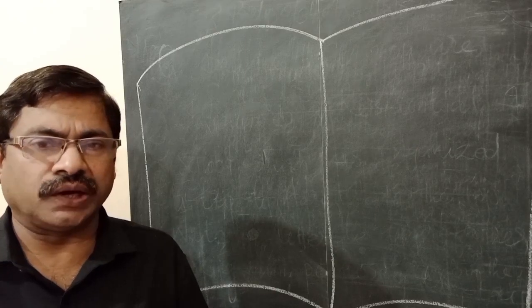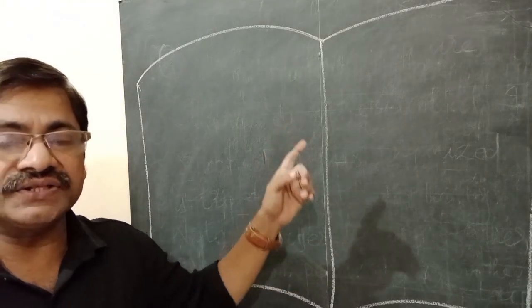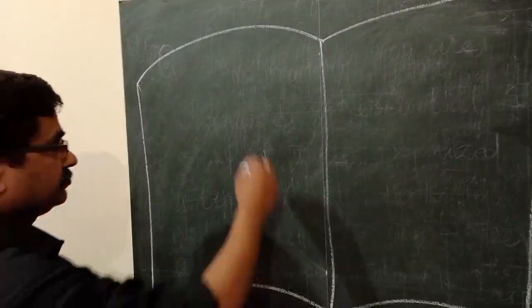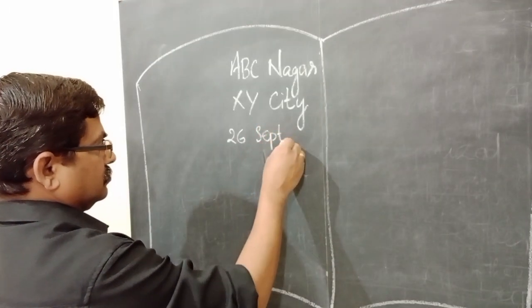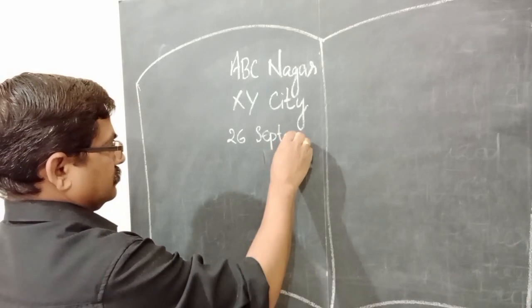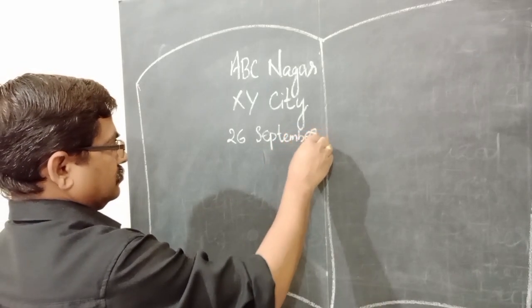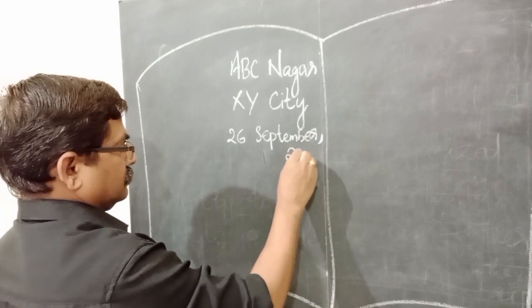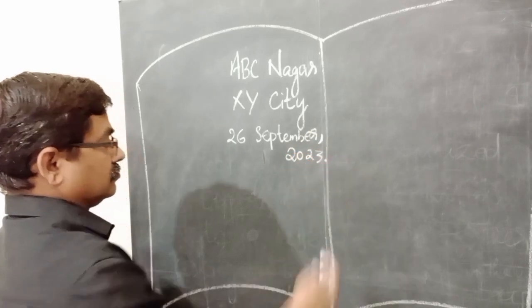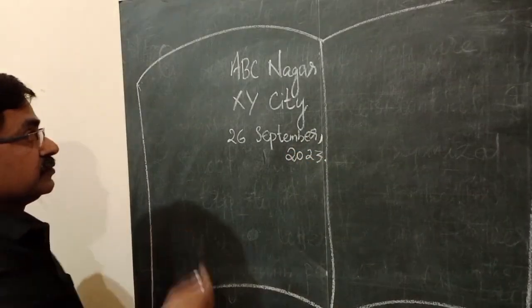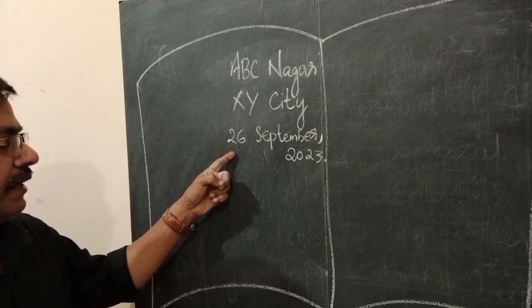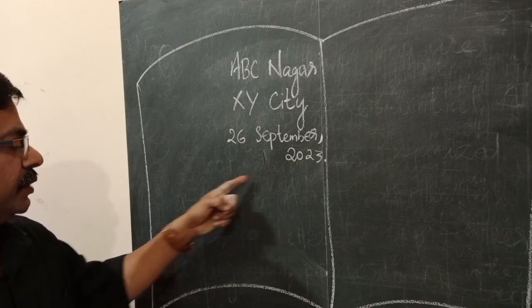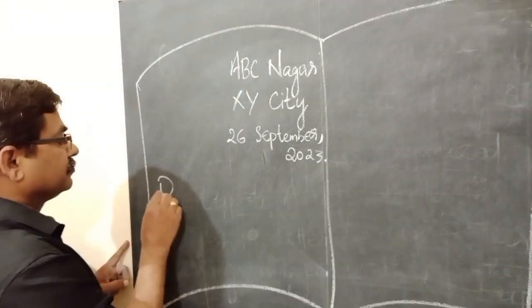First of all, we have to write self-address and date. Leave a line beside the margin.